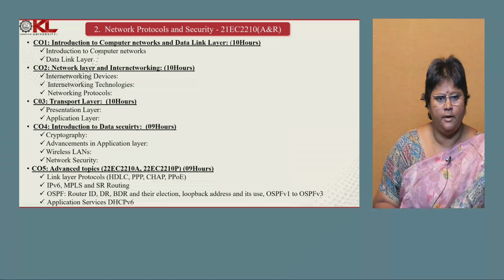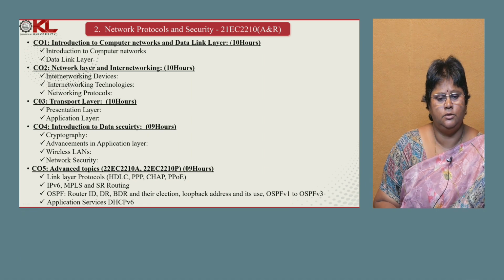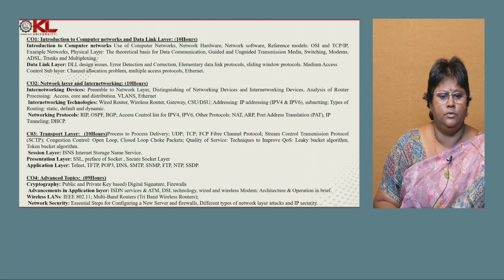Next is network layer and internetworking. Third CO is transport layer, and fourth CO is introduction to data security. Fifth CO is for advanced and peer mentoring students. These are the advanced topics, the protocols used in today's world for communication between two devices. So this is a brief explanation of your syllabus.